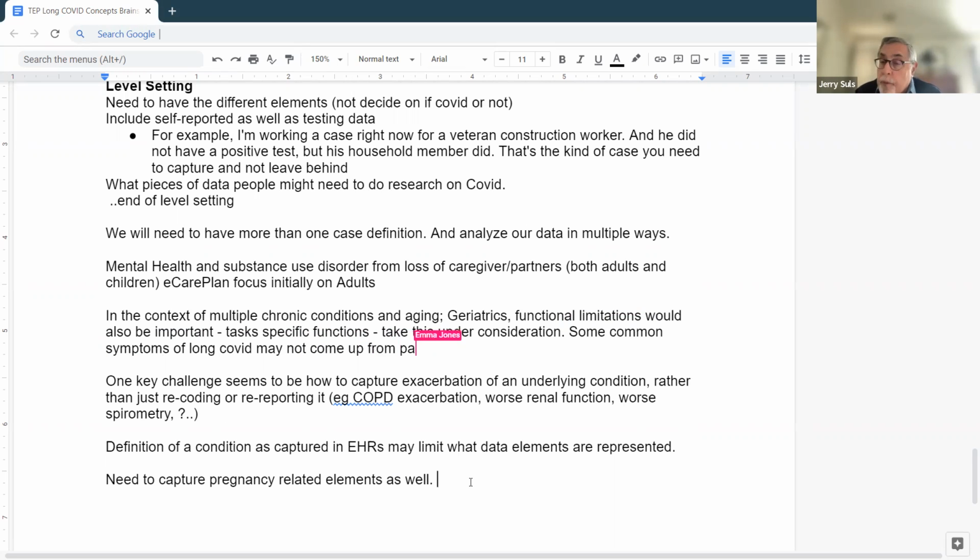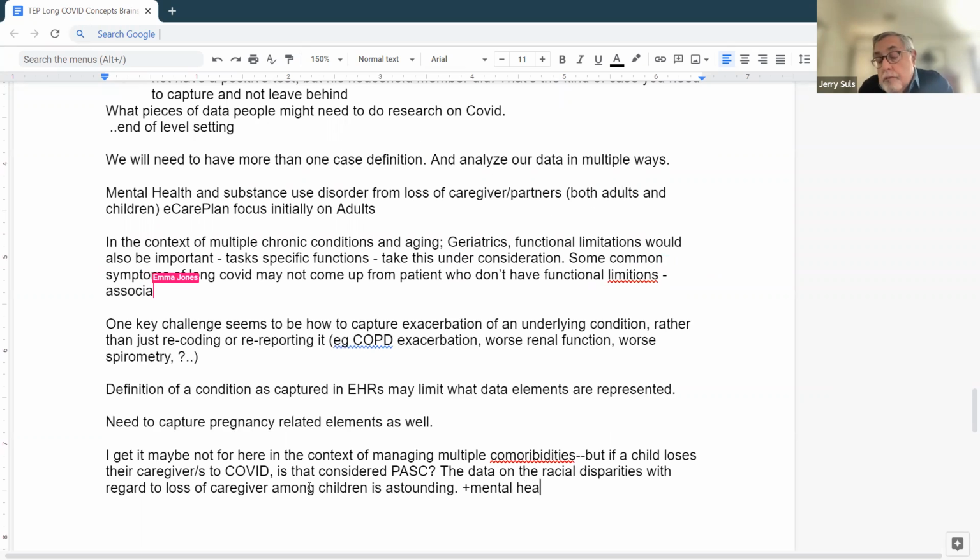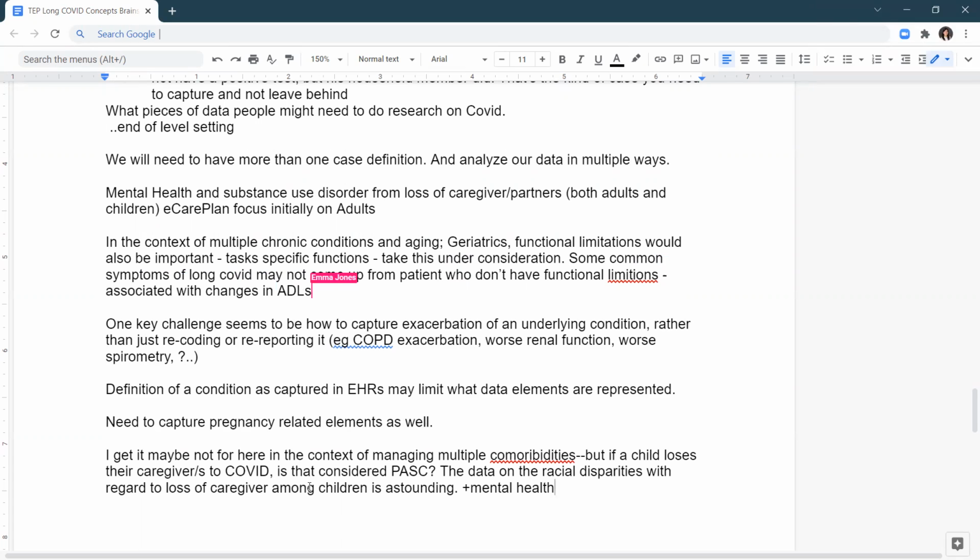So I think we do need to think about what kind of elements could be gathered that do in fact connect to how people live their daily lives and things that they can or can't do because of some of the symptoms that you see in long COVID. Right. Yeah. Thank you. That's a good emphasis.